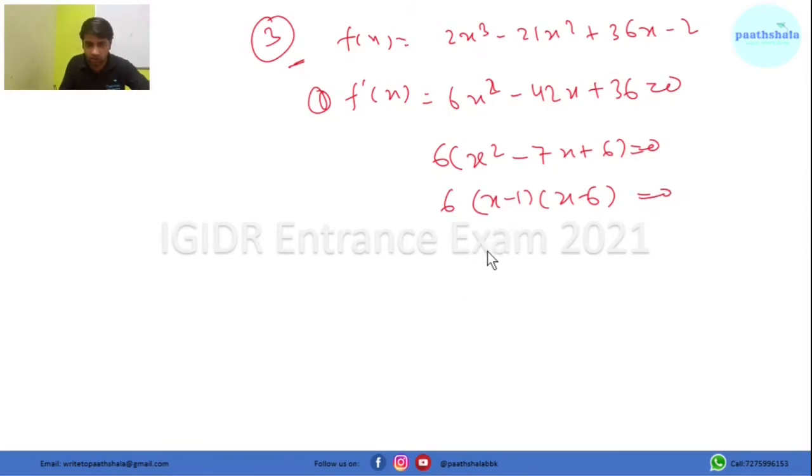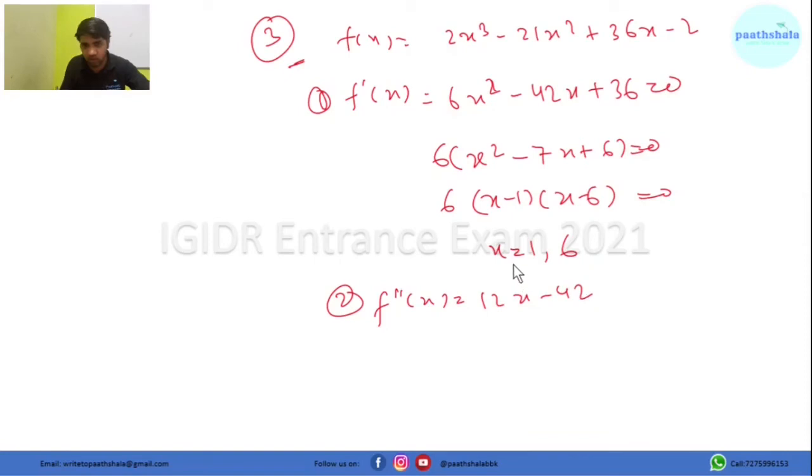Now let's solve it using the second derivative. So f double dash x will come out to be 12x minus 42. Now we have to assess the nature of f double dash x at x equals to 1 and at x equals to 6. So let's check it.